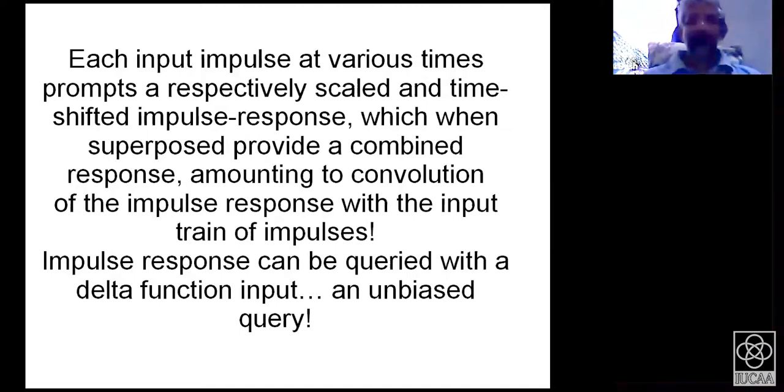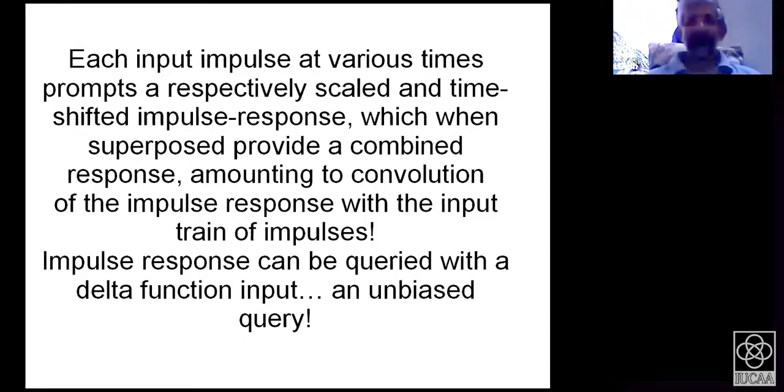The important thing to stress here, which is not appreciated, is why we are using impulse response as a description of the system. When we feed a delta function, we know that the delta function has a Fourier transform which is a flat function, constant as a function of the other Fourier coordinate. So whatever might be the response or Fourier description of the device, the impulse is a query amounting to asking an unbiased question.